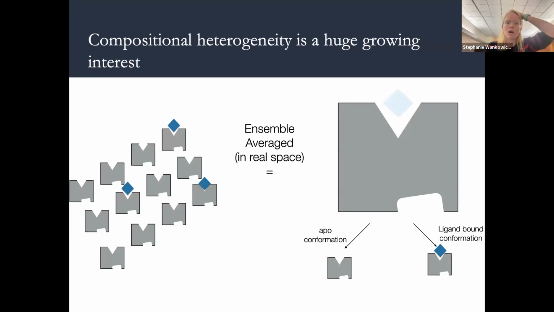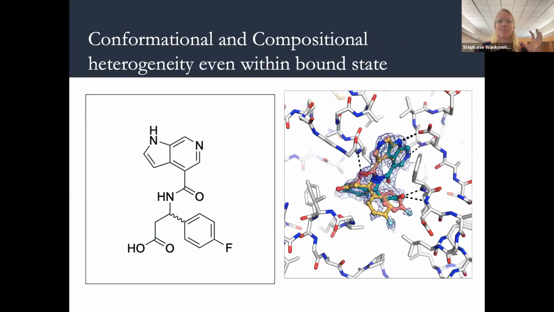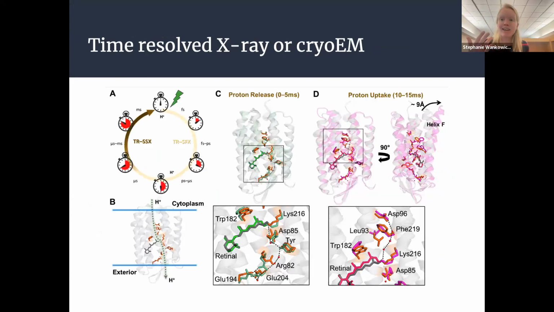And this becomes even more complex because oftentimes, as I said, ligand binding can change the conformational heterogeneity. So now you have this compositional and conformational heterogeneity mixed up. And I think for those who are experimentalists, one of the really exciting things on how to get conformational and compositional heterogeneity moving forward is time-resolved X-ray crystallography or cryo-EM, or different perturbations that we actually can test in the protein.